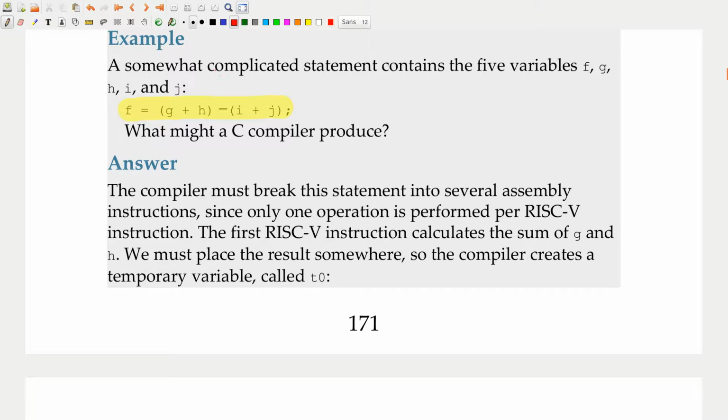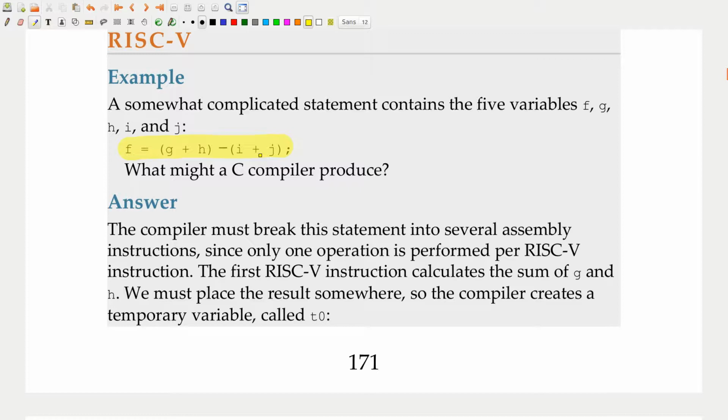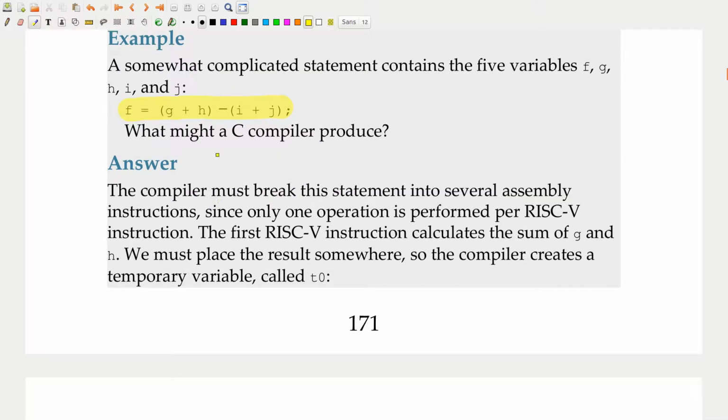So let's go on. We have this more complex expression, and we notice that our instruction set can't handle this. We don't have an instruction that can do addition and subtraction and also has four inputs. I wouldn't be surprised if x86 has something that could do this, though.